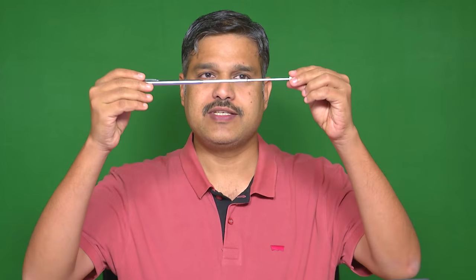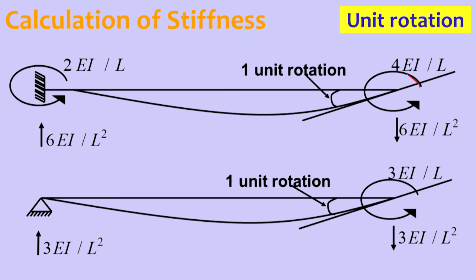If I take a member and fix it on one side and apply rotation on the other side, the moment required to produce 1 unit rotation at this end, whereas the far end is fixed, the stiffness coefficient required is 4EI/L, and half of that moment is transferred to the other end, 2EI/L.